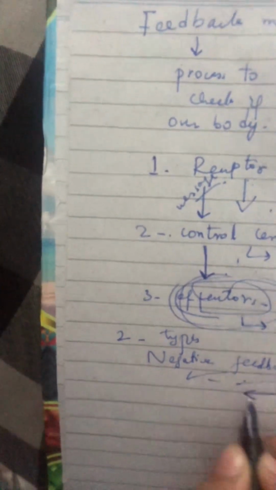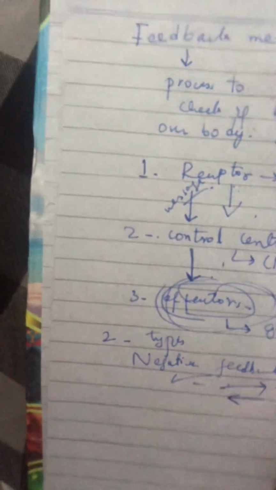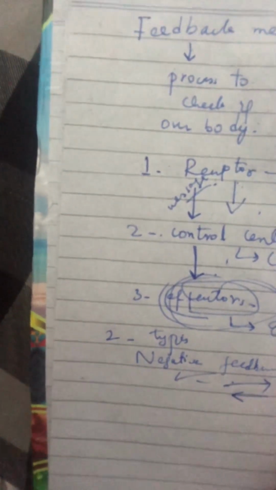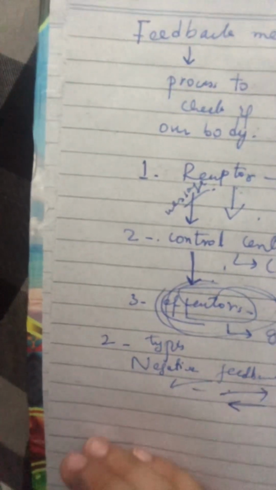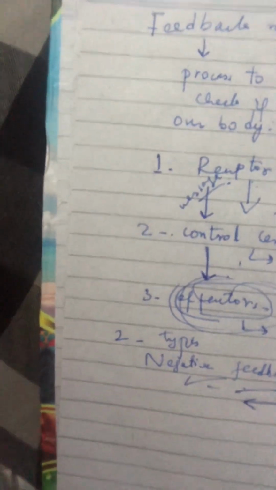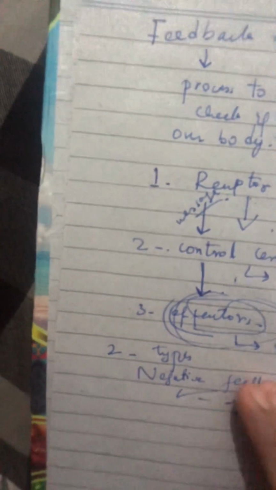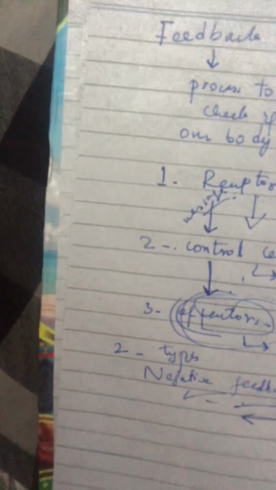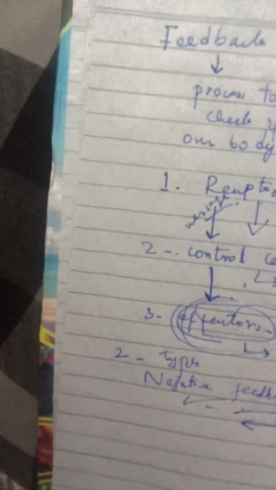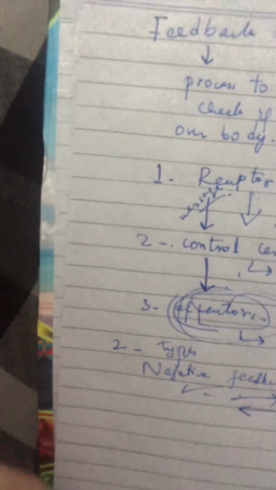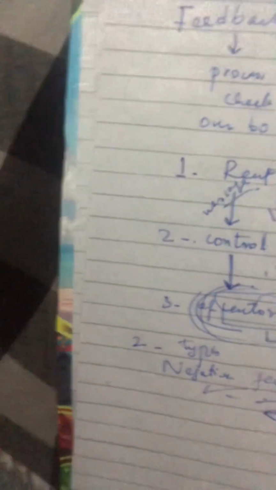And if temperature is rising, they'll not change it to the normal condition. In negative feedback, they'll change it to the opposite condition. If it's rising, they'll change it into the decreasing condition. So that will be the negative feedback.